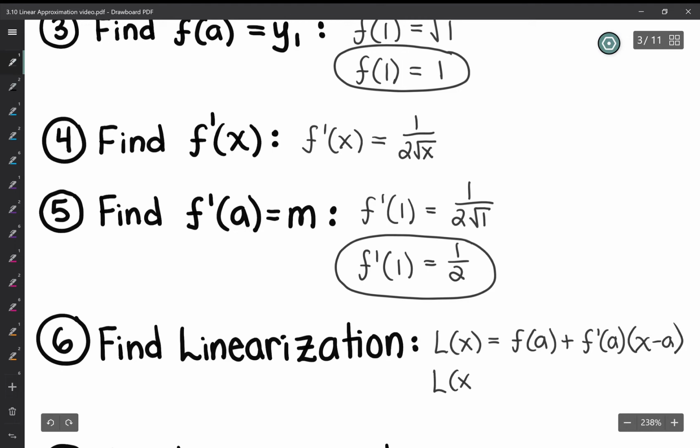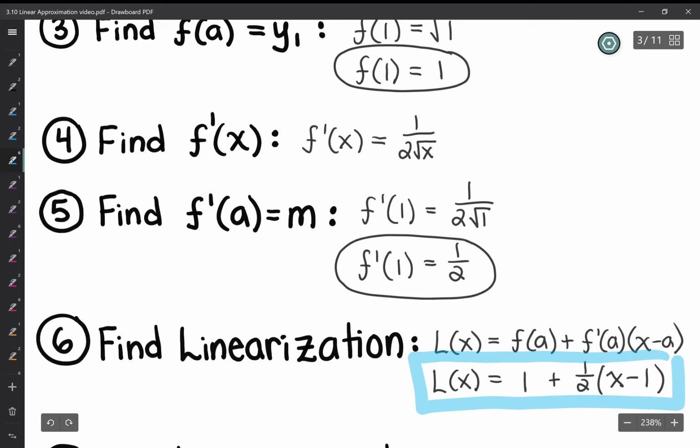So the linear approximation for the square root of x at a equals 1 will be equal to f of 1, which is 1, plus f prime of a, which is 1/2, times x minus a. Since a is 1, that is x minus 1. And this is the equation of the tangent line that we will use to approximate.